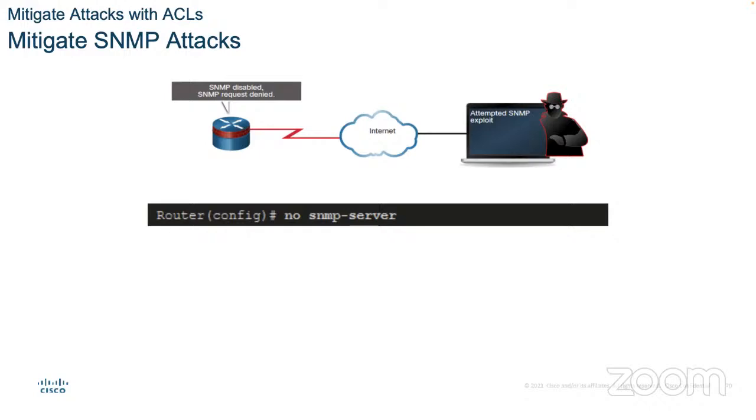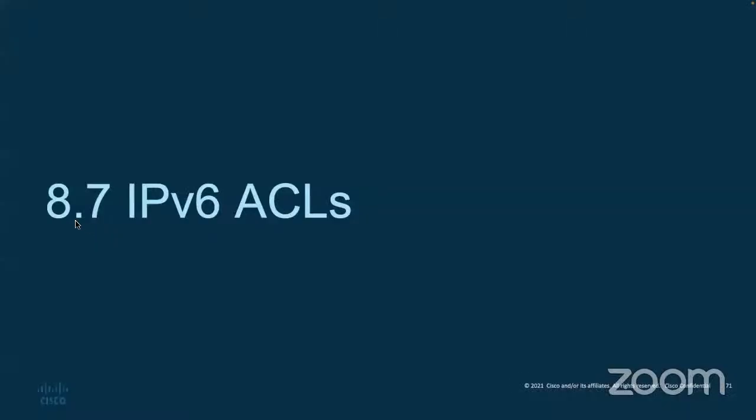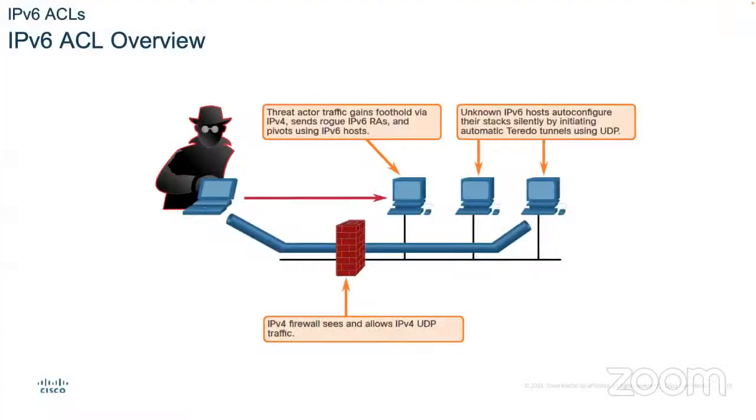So that is all IPv4. We have to mention IPv6. These attacks are more pervasive. IPv4 is not disappearing overnight. The two are coexisting, and someday v4 will finally die and we'll only have v6.